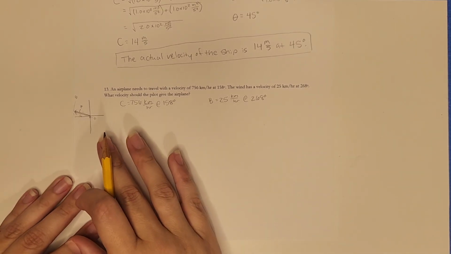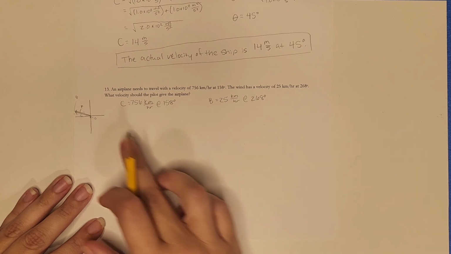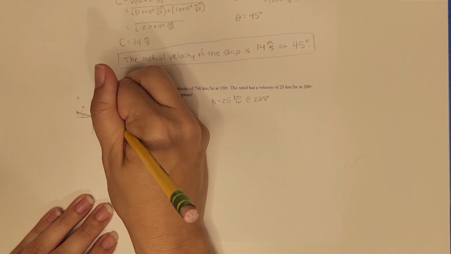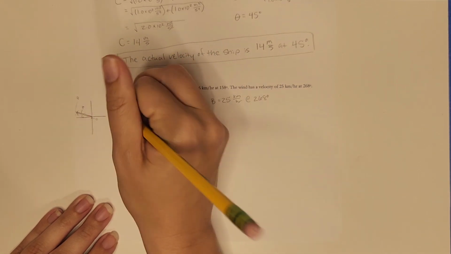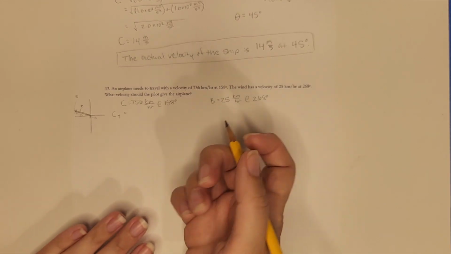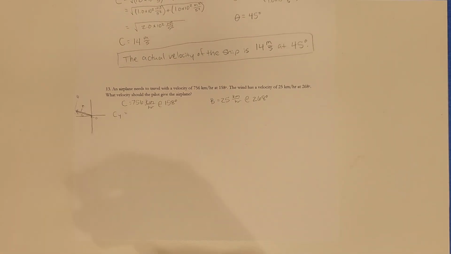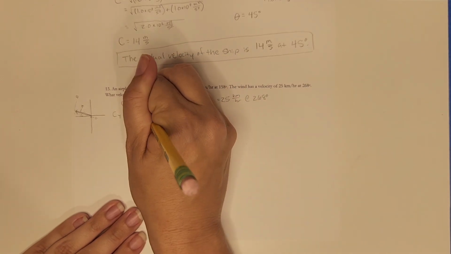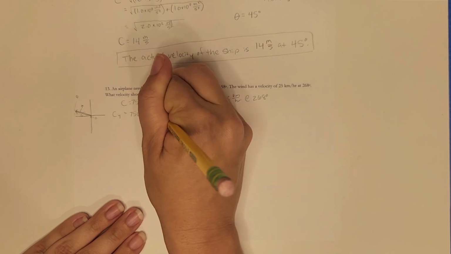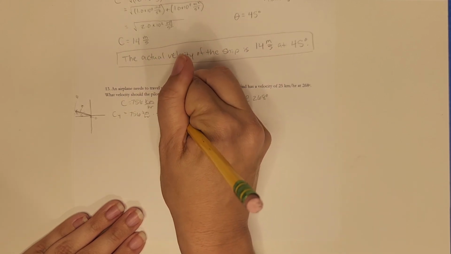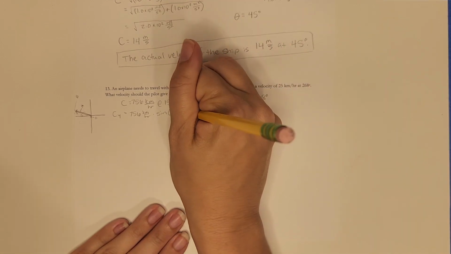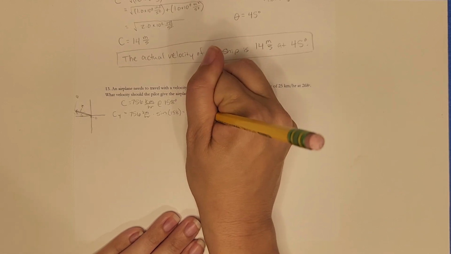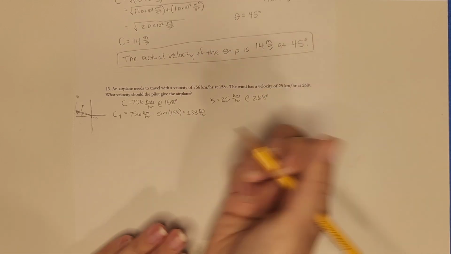All right. And so now we can determine our Y values and X values for B and C. So let's start with C, do our Y. And once again, we're using equation 4.1. We're just plugging in C instead of A from that equation. 756 kilometers per hour times the sine of 158, and that's 3 significant figures, and we get 283 kilometers per hour.